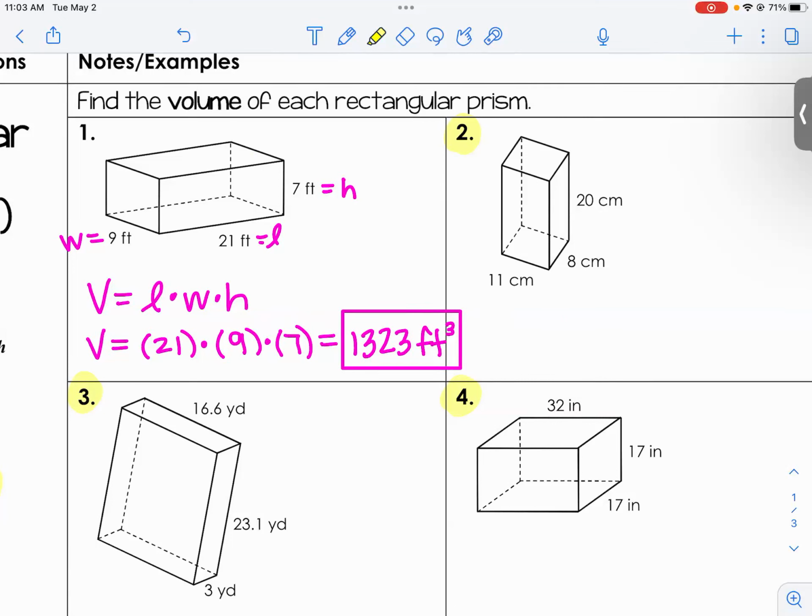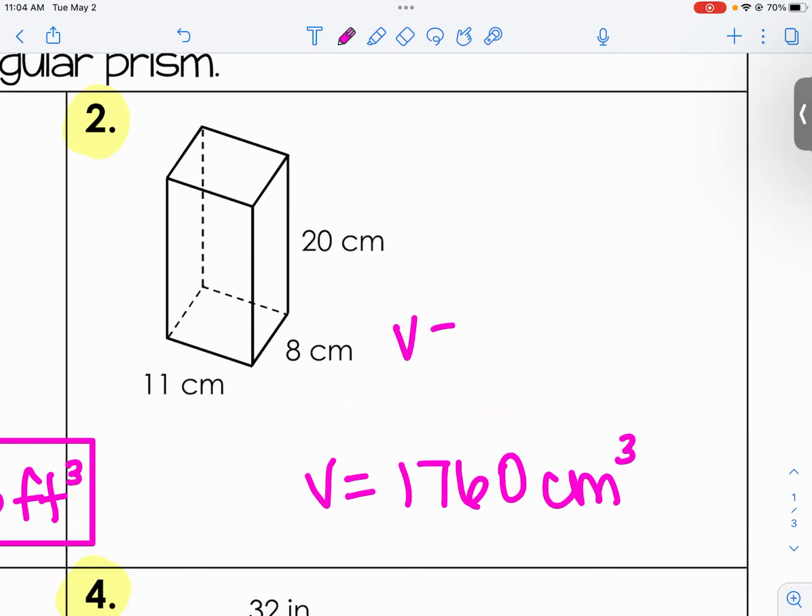Sorry. When you said centimeters, I heard 7 meters. Okay. Braylea, how did she get 1,760? Beautiful. Thank you. Okay. So we all can agree?